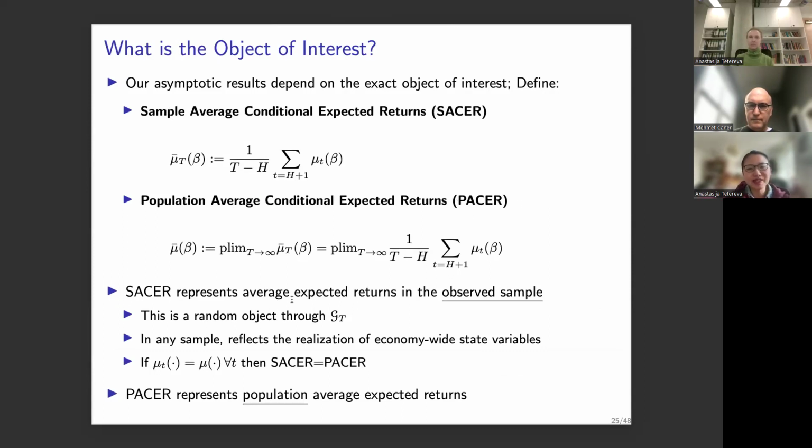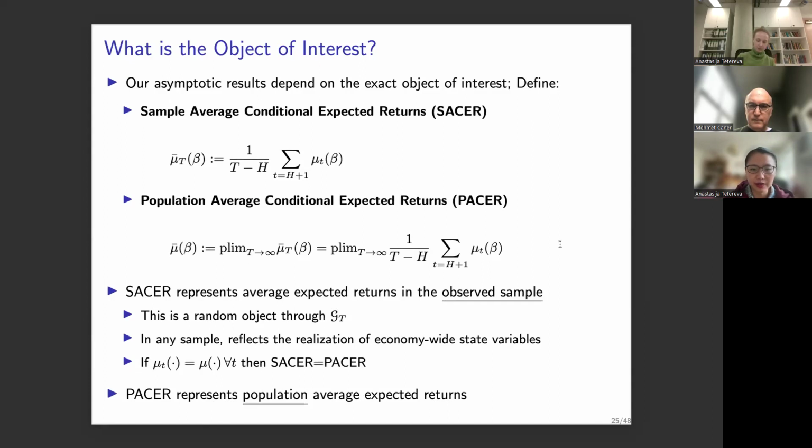CASR represents the average expected return in the observed sample. This is a random object through conditioning on J and T. In any sample, it reflects the realization of economy-wide state variables. If mu t is constant, CASR equals PACER.